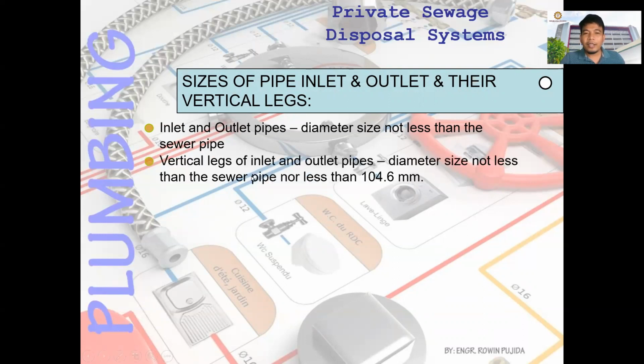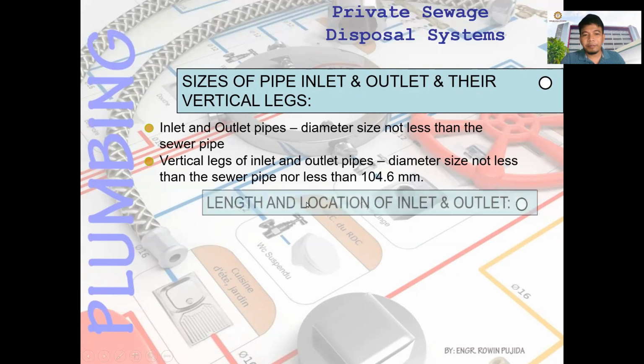And then vertical legs of inlet and outlets, diameter size not less than the sewer pipes, nor less than 104.6 millimeter, or that is 4 inches. So normally we will use 4 inches in diameter.